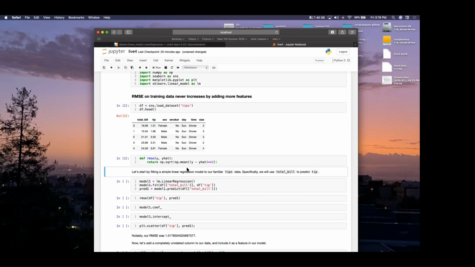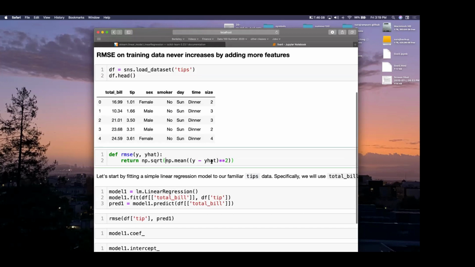So I'm going to define a root mean squared error function, which takes the mean of my true y's minus my predicted y's squared and averages them. So that's what this set of parentheses is doing, and then takes the square root of that. So the R corresponds to this part, the mean corresponds to this part, and the squared error corresponds to this part.